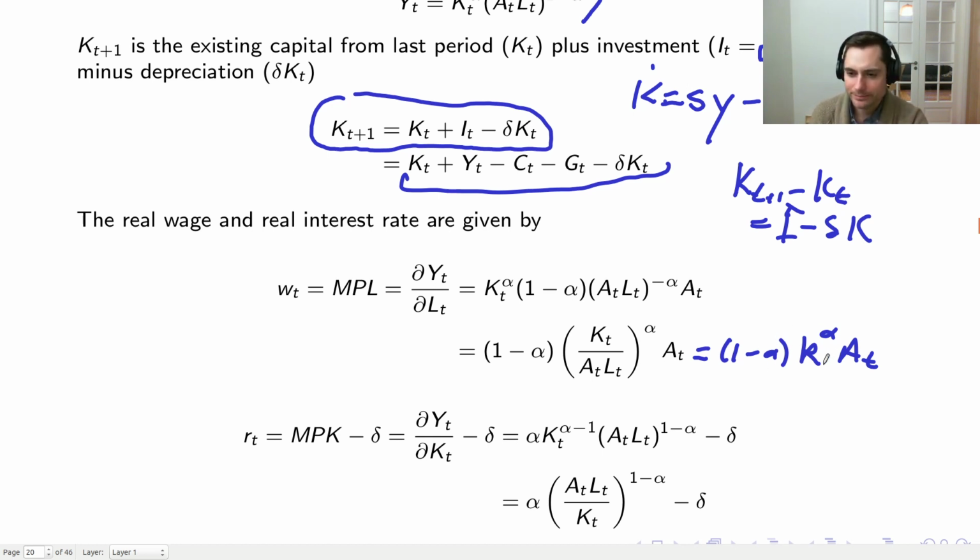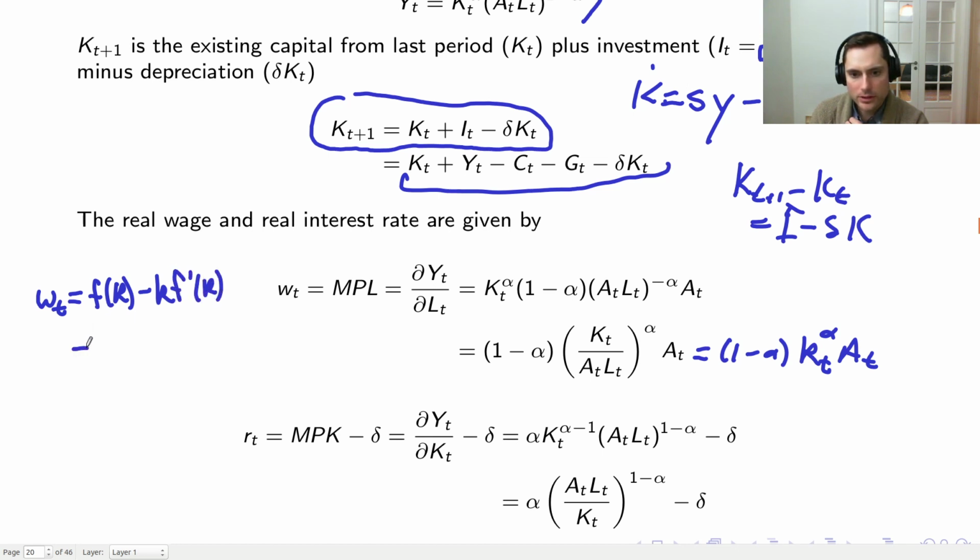Very similar. I'm just hesitating a little bit because if you remember last time, what we had was that W_t is equal to, let's see, this is the continuous time version now. Get myself in trouble, let's see how good my memory is. It was equal to F of little k minus little k times F prime of little k.